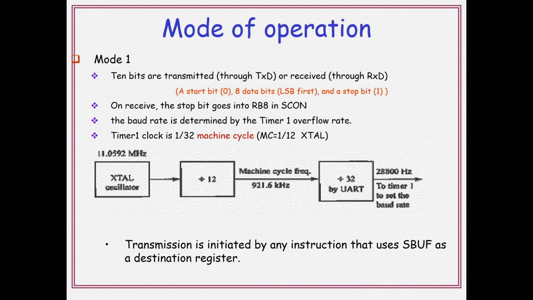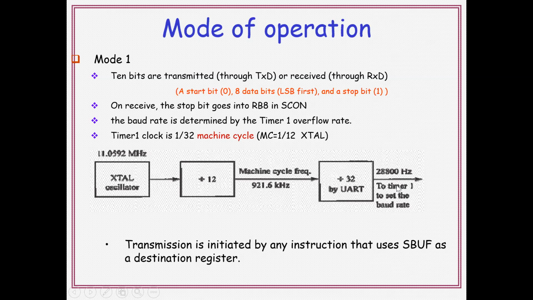Whatever the frequency, it is first divided by 12, and this is given as input to the timer by default. But for UART, it is again divided by 32. So finally the frequency given to the UART is 28,800 Hz. It is the frequency given as input to the UART. Okay.